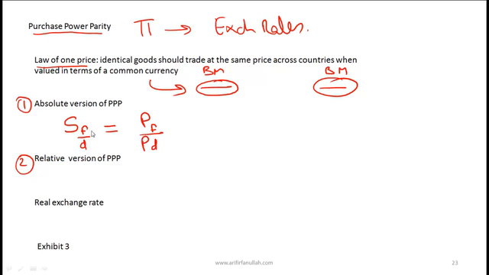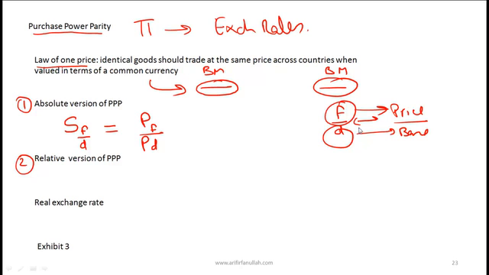Now, note the following. I'm using the terminology of the curriculum. So in this segment, the curriculum uses foreign currency and domestic currency, but essentially you can also think of this as price currency divided by base currency. So throughout this segment of the curriculum, the foreign currency is the price currency and the domestic currency is the base currency. So keep that in mind.